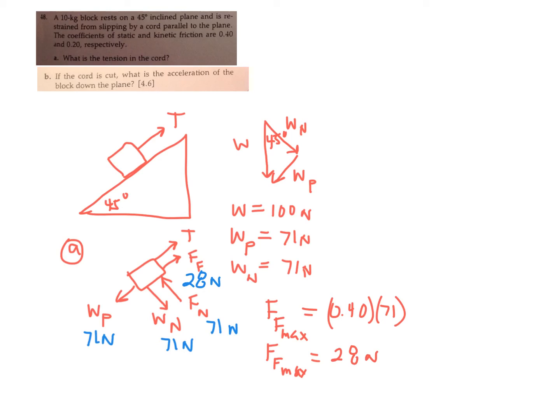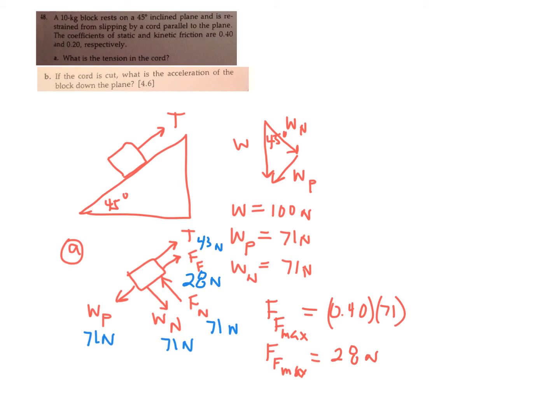So if you look parallel to the ramp here, F net has to be equal to 0, or in other words, 71 minus 28, which is what, 43? The tension must be 43 newtons. So let's just write that down. This must be 43 newtons. That's the answer to part A.